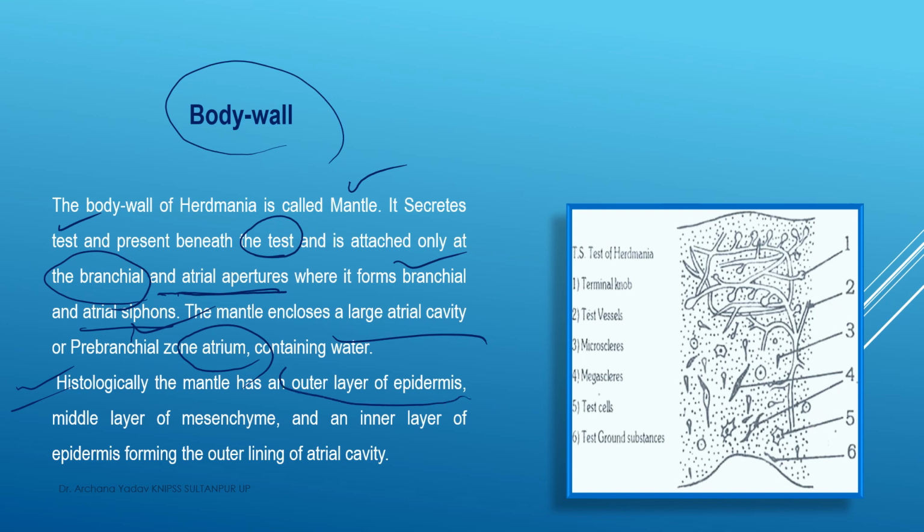One is the outer layer, called the outer epidermis, the middle layer is the mesenchyme, and the inner layer is the epidermis which forms the lining of the atrial cavity.